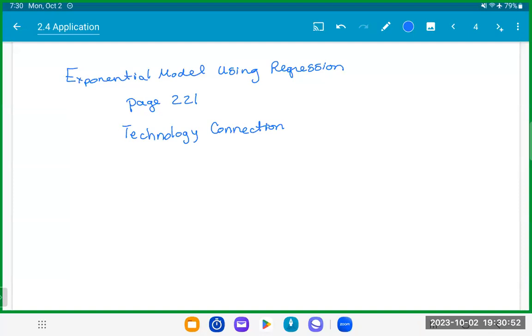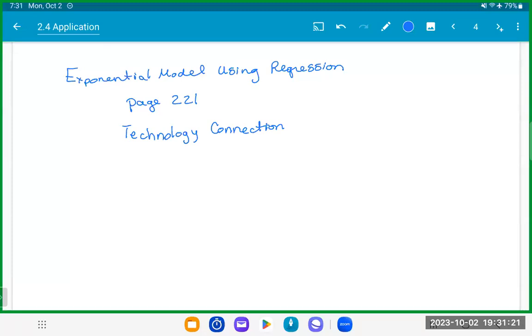So essentially, when you pull up your graphing calculator, there is an exponential regression option, and you'll choose that and then plug in the information from your problem. And when you hit enter, it will tell you what your A and B values are, and that's what you will be looking for for that problem in your homework.